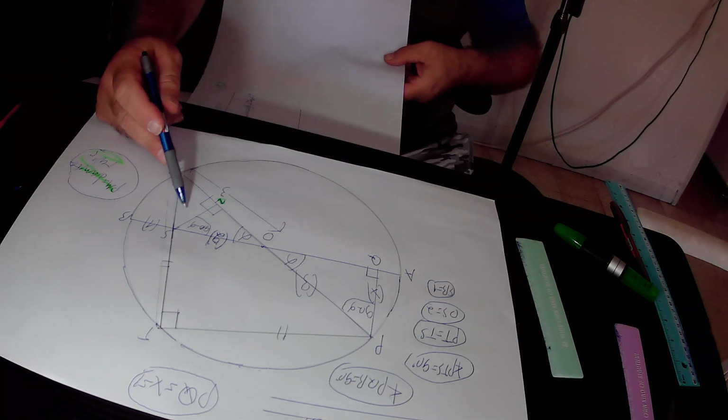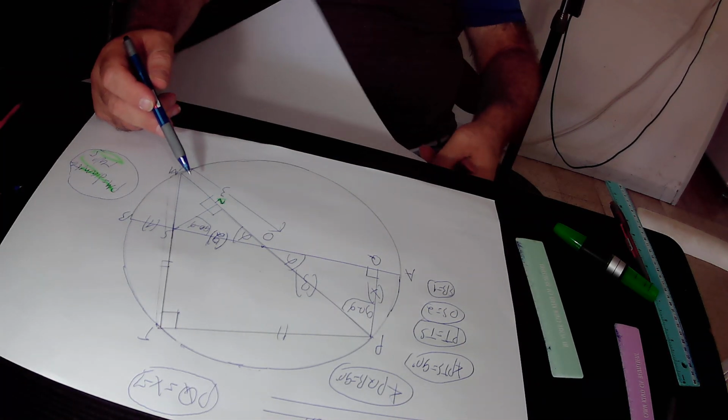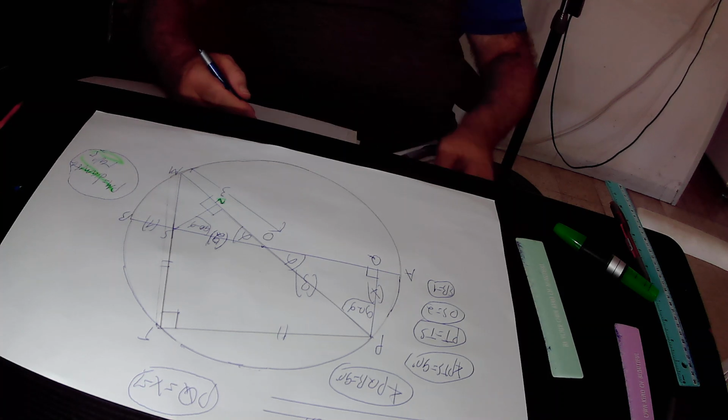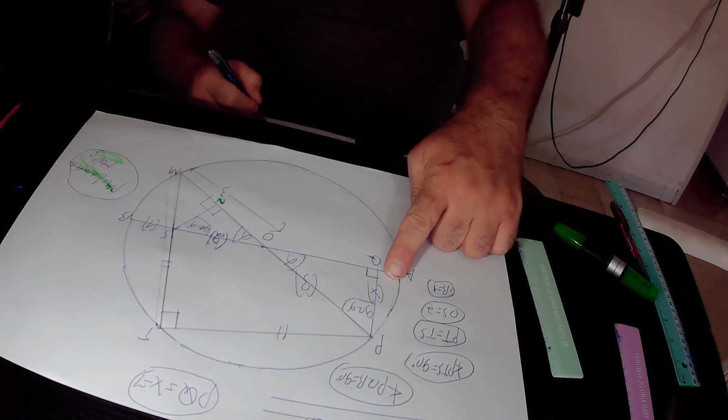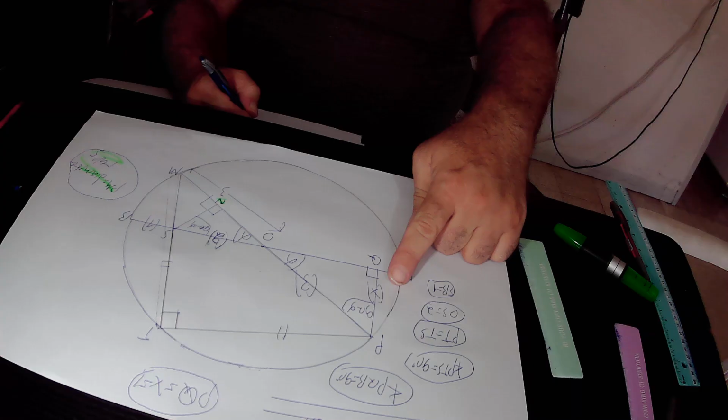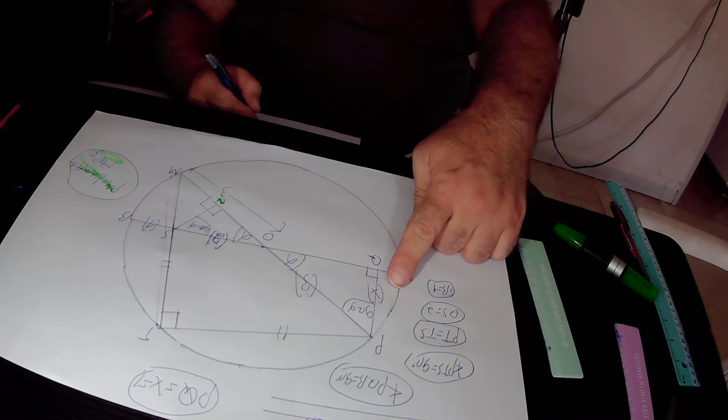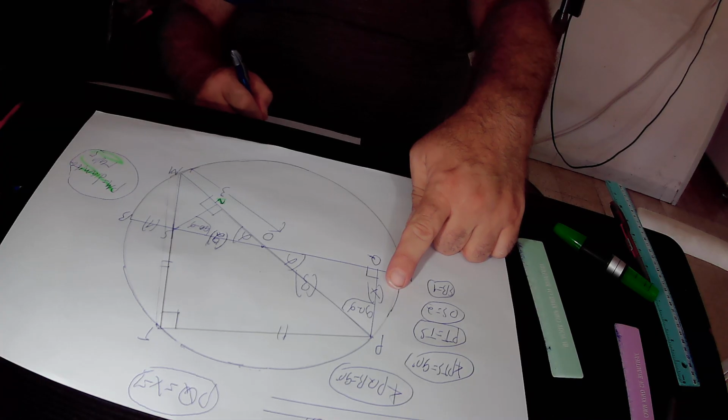This is side NS. Side NS is the missing side, so we leave it as it is over PQ. PQ is the line segment that we are looking for in this question, and it is equal to x. We have to find out the value of x.